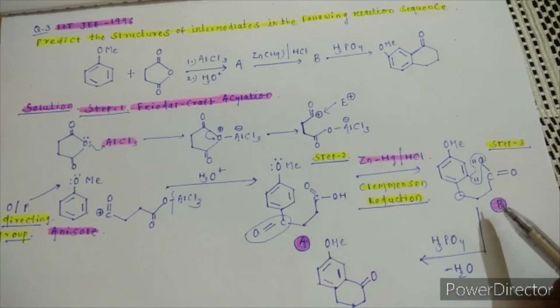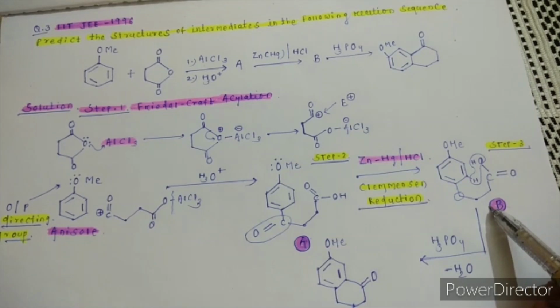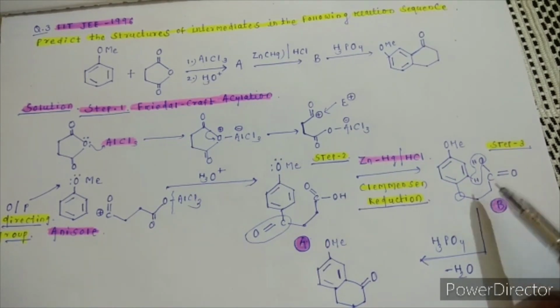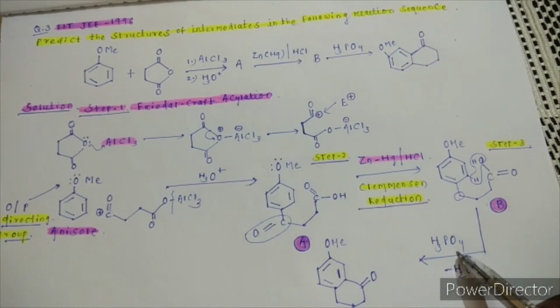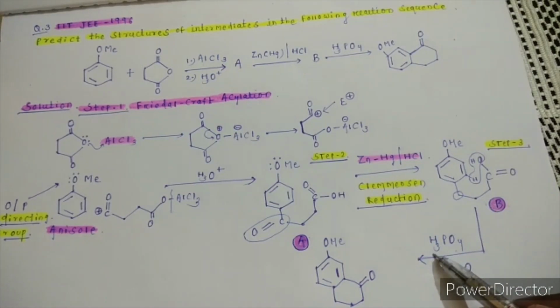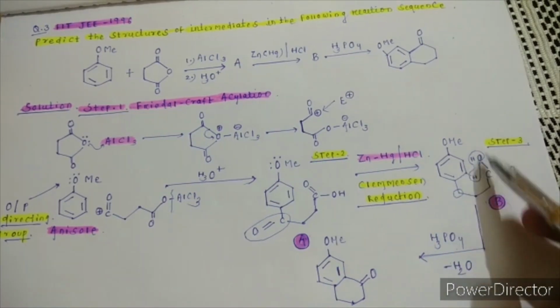The first step of the reaction is Friedel-Crafts acylation, and the second step is Clemmensen reduction. Now when this compound reacts with H3PO4, phosphoric acid, ring cyclization takes place. This acid helps with dehydration, the removal of a water molecule.